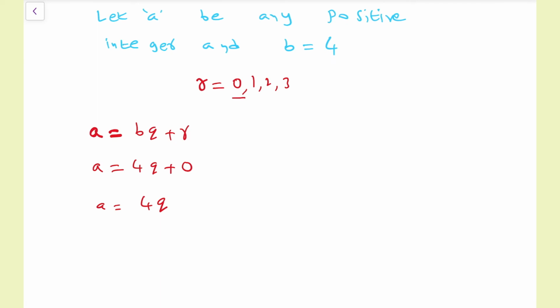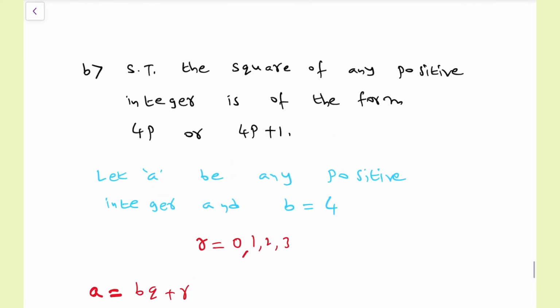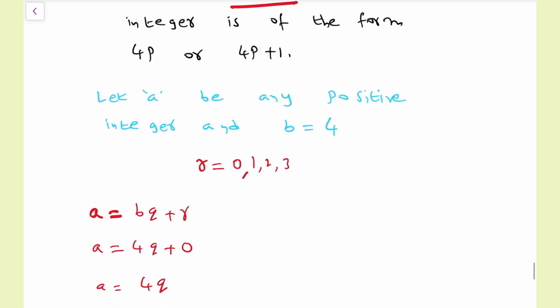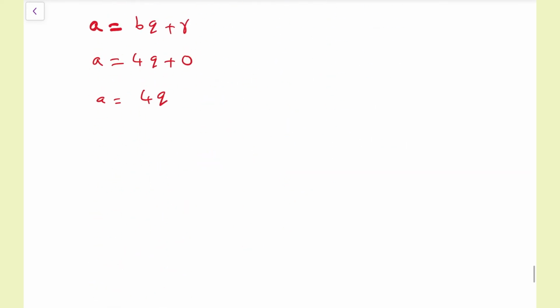Now according to the question, he is speaking clearly that show that square of any number. So let us do squaring on both the sides here. Squaring on both the sides. So what will it become then? a square equals 4q whole square, that is 16q square.